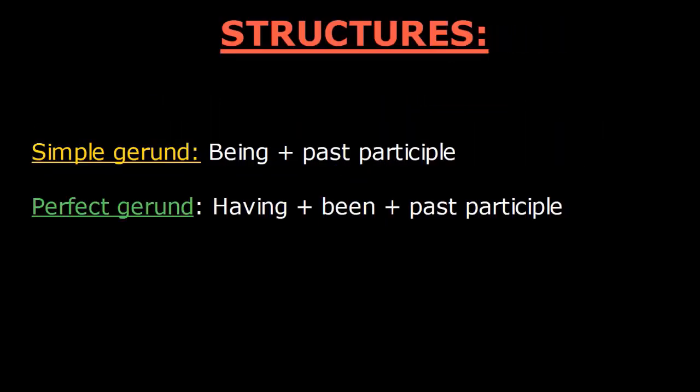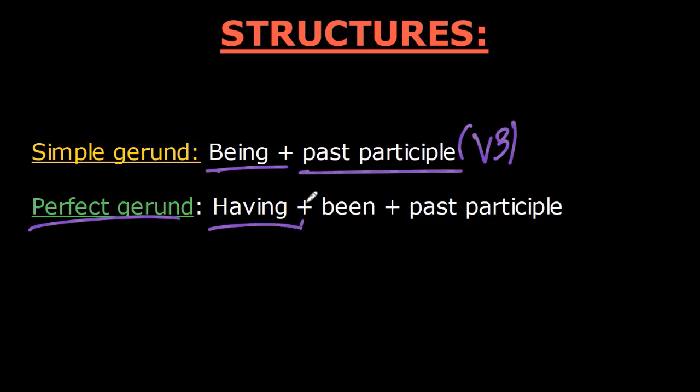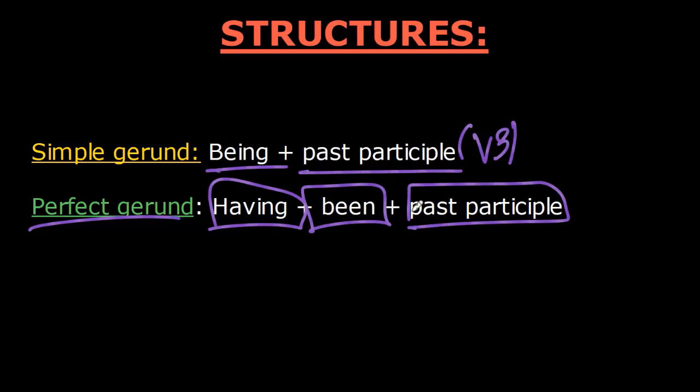Let's look at the structure. Both the simple gerund and the perfect gerund, which are two different forms of gerunds, can be used in the passive voice. The simple gerund is being followed by the past participle, the third form of a verb. And a perfect gerund in the passive voice looks like having plus been plus past participle.